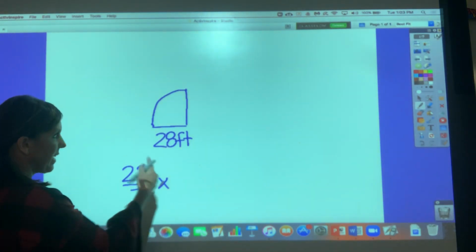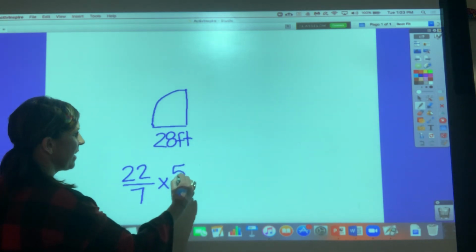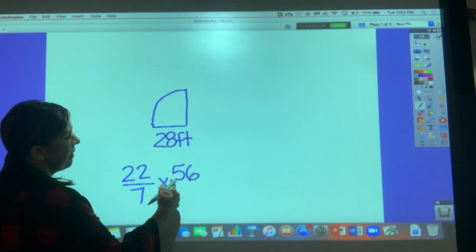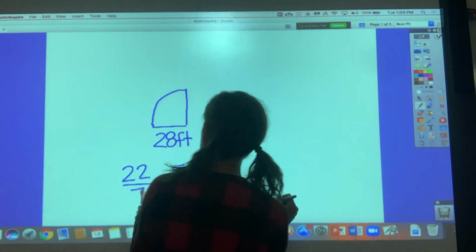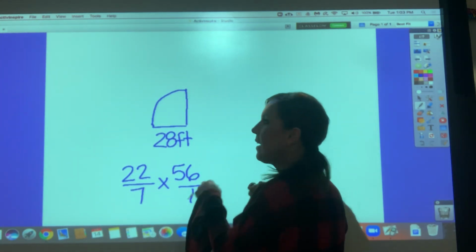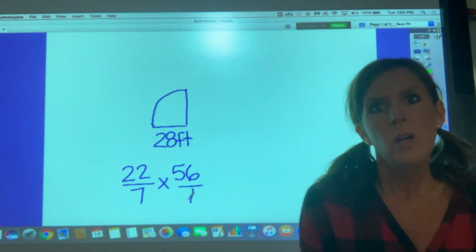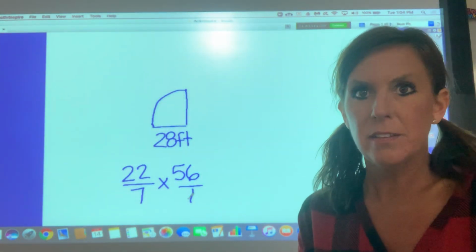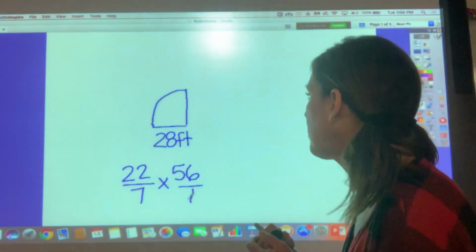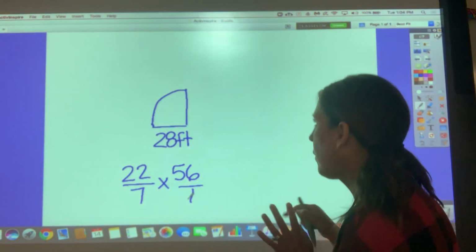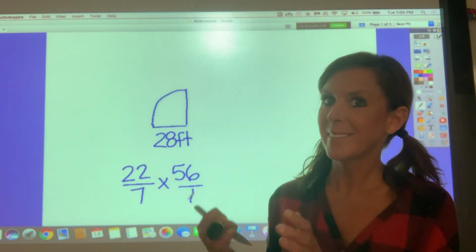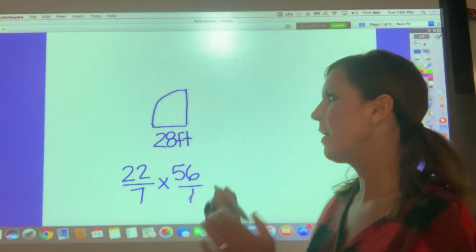I'm going to double the 28, which would be 56, and then put it over 1. So pi times diameter. And when we had half a circle, we had to multiply by half at the end. So what do you think we're going to do since we have a fourth of a circle? We are going to multiply by 1/4.